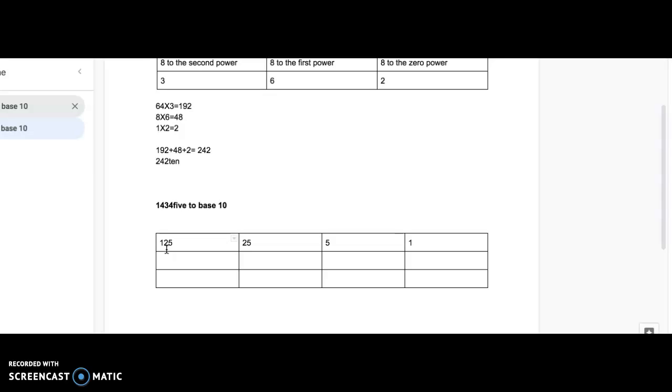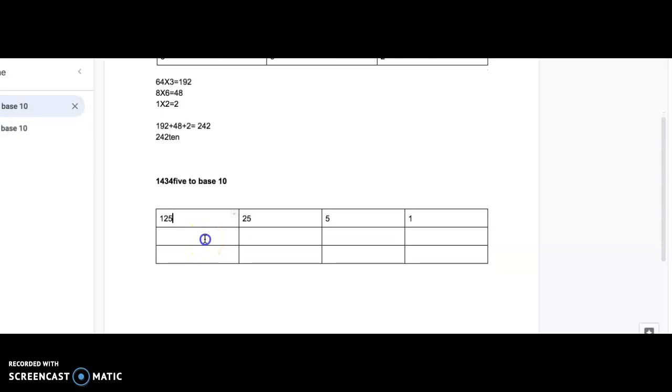Then I'm going to put the digits I'm converting below it, which is 1, 4, 3, 4. So now we are going to multiply the top row with the bottom number. So first we're going to take 125 times 1. Then we're going to take 25 times 4.